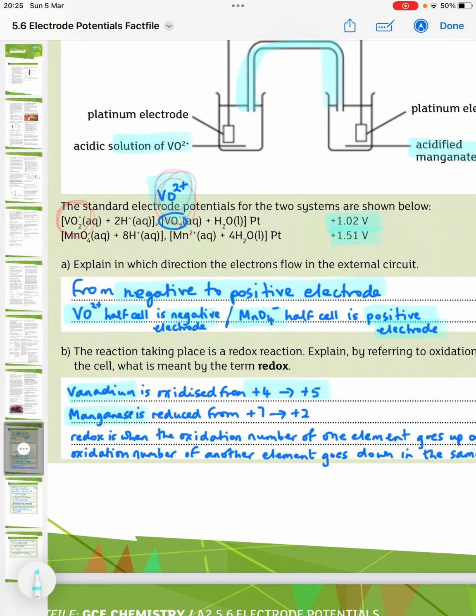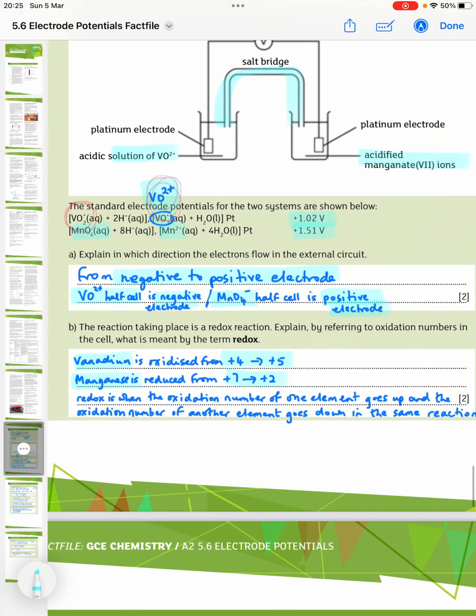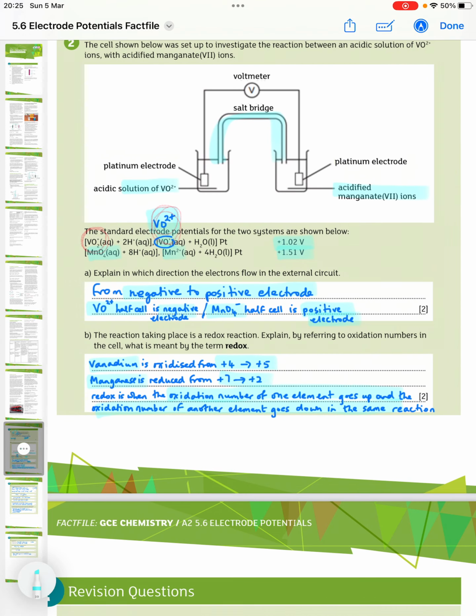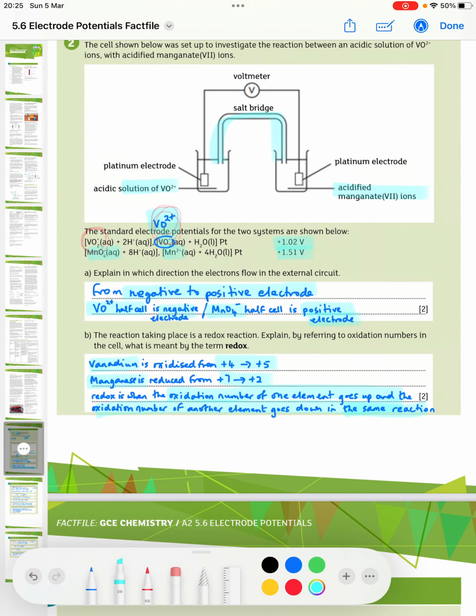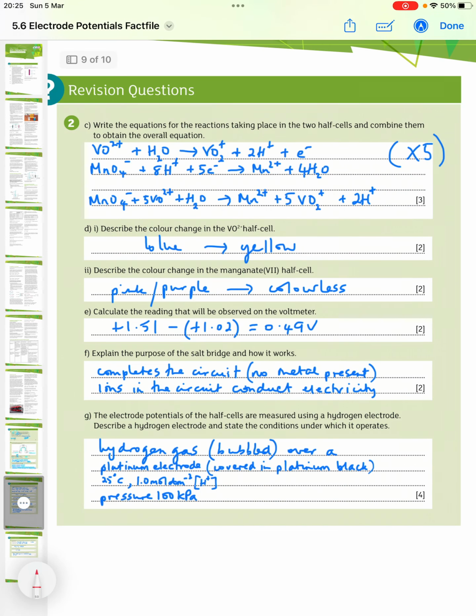And then the manganese is reduced from +7 to +2. And then you need a statement explaining what redox is. So of course you're going to say something like it's when the oxidation number of one element goes up and the oxidation number of another element goes down in the same reaction. And that final bit, in the same reaction, of course, is very important.